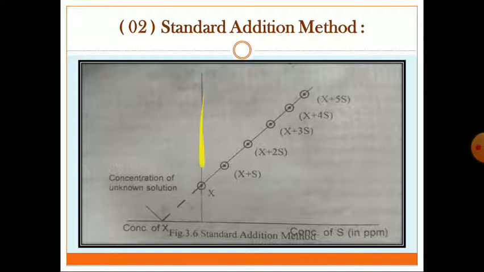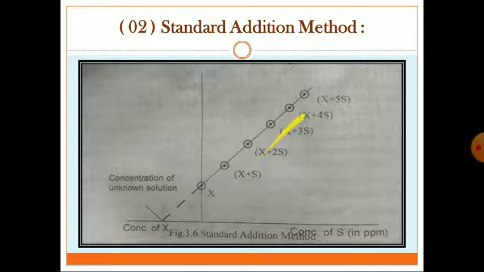See, this is the y-axis and this is the x-axis. First of all we take the unknown sample solution x and measure its emission intensity. On the y-axis we take the emission intensity, and this is the concentration. When we measure the intensity, we get a particular value.